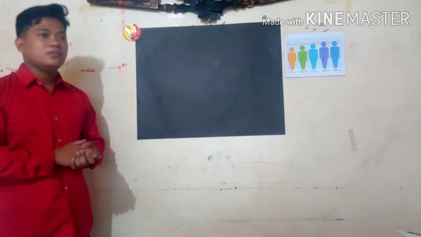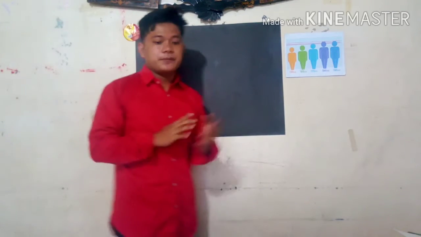So now class, who wants to go to the board and solve for the average height of these 5 drawings? Yes, Sarah. You may now proceed. Yes, very good, Sarah.